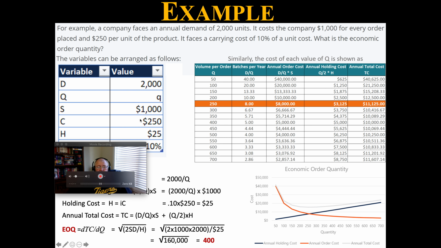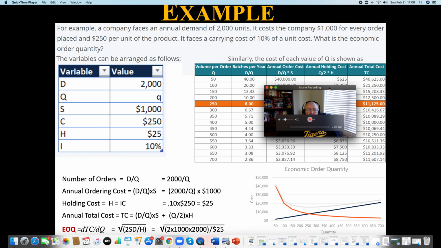Now, that's by trial and error. We don't have to use trial and error. We can use the formula for EOQ. Let's do that. So here's what we've been able to identify. We know what the demand is. The demand is 2,000. We know what it costs us to place an order every time we place an order. We know what the unit cost is.